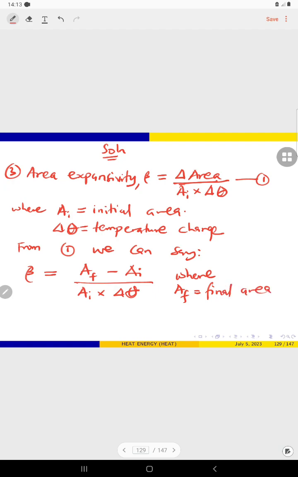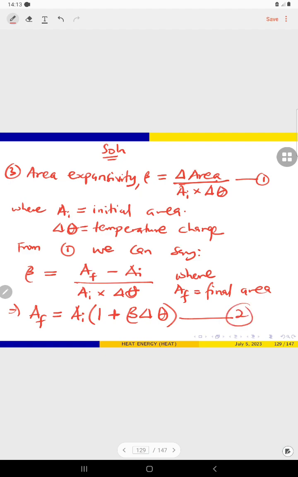Because if there is change in area, when we heat the metal and it expands, then the change in area will be the final area minus the initial area. So when we make AF the subject, as we have known already, we will get AF equals AI times 1 plus beta delta theta. We know this equation already. Let us call this equation 2.